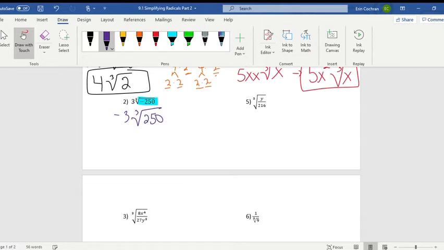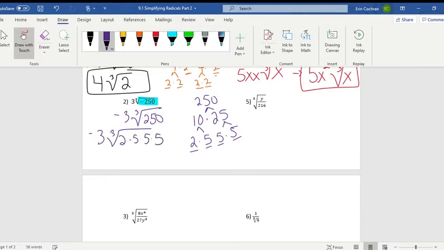Now let's break down 250. It ends in a 0, so I always do 10. 10 times 25. 10 breaks down to 2 and 5. Those are both prime. 25 breaks down to 5 and 5. So we have negative 3 on the outside, the cube root of 2 and three 5s. It's a cube root, so we look for a triple, and I see a triple 5.